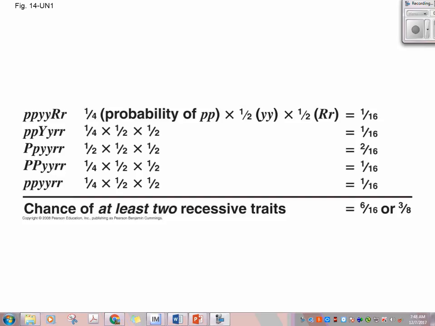These are monohybrid crosses, so big P, little p crossed with big P, little p. I only get little p's over here. Right away you can see that it's important to really differentiate your capitals from your lowercase. So you can see it was a 1/4 chance of getting that genotype.